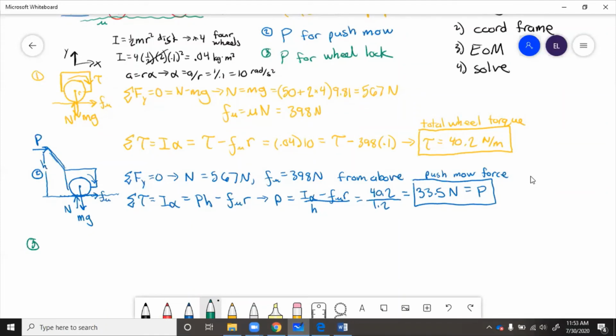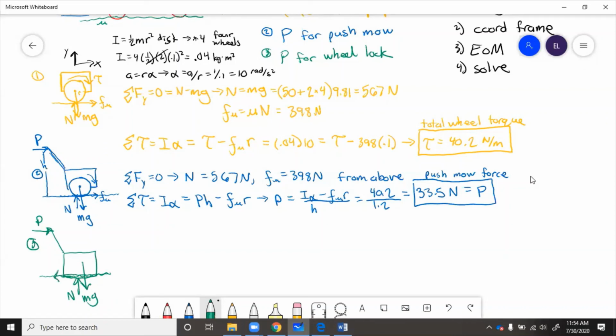So case 3, if the wheels lock, then they're not going to turn. And so we approximate this as a box sliding along the ground. So in this case, we've got the push, we've got the mg, the normal force, and then the friction has to counteract the push.